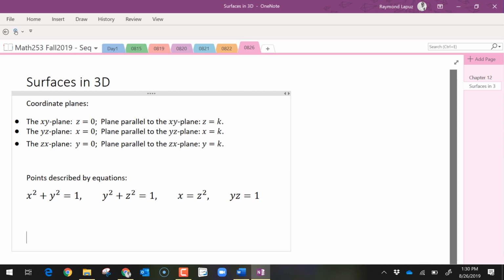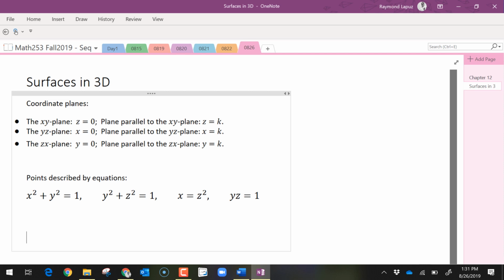But when you present this as a surface in 3 dimensions in R3, you have to think, wow, this should be more than just a circle, because a circle is just happening in 2 dimensions. So this circle is independent of what z is equal to. In other words, when z is equal to 0, I should get a circle. When z is equal to 1, I should get a circle. When z is equal to 15, I should get a circle.